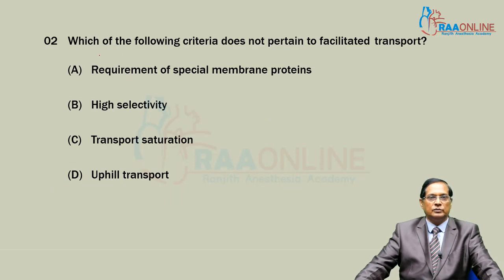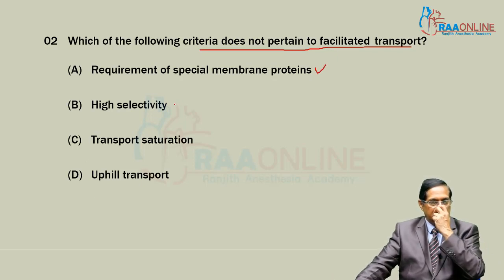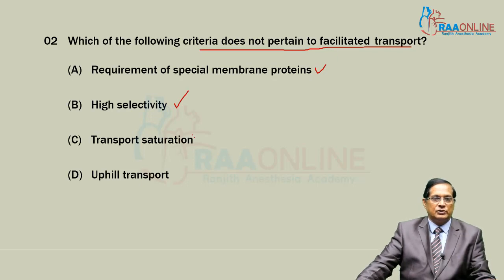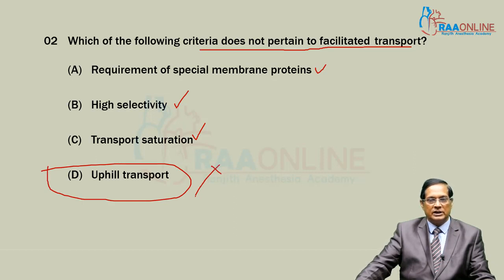Then question number 2: which of the following criteria does not pertain to facilitated transport? Requirement of a special membrane protein, this is required. High selectivity, yes it is. Transport saturation, yes it is, but it is not uphill transport, it is downhill transport.